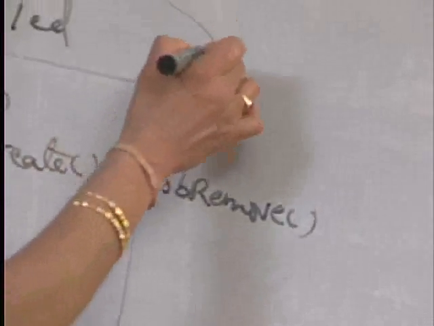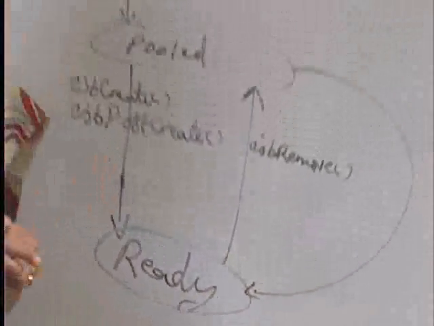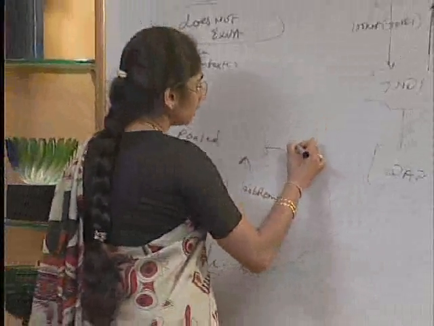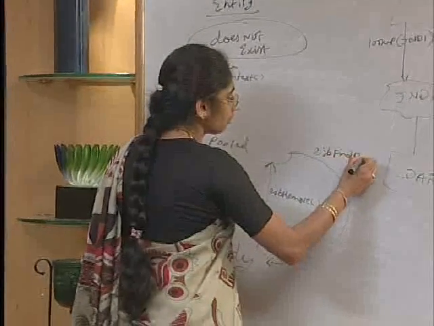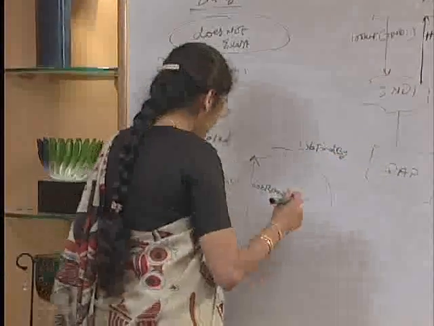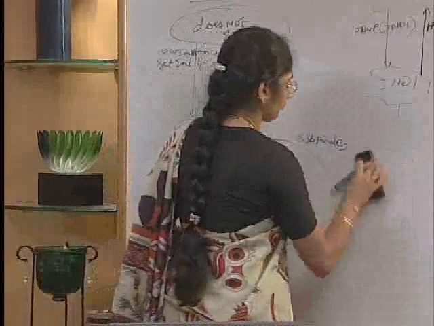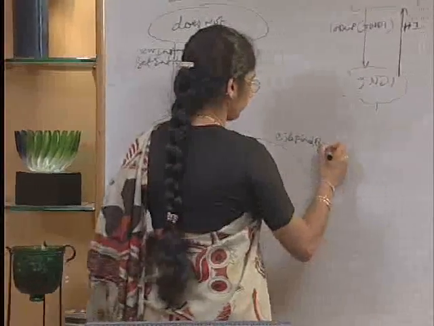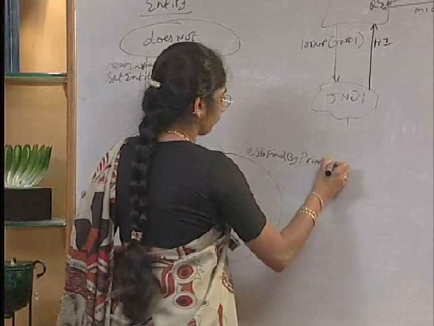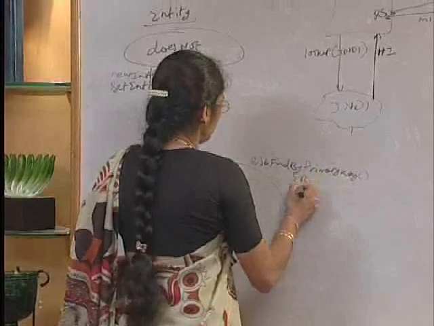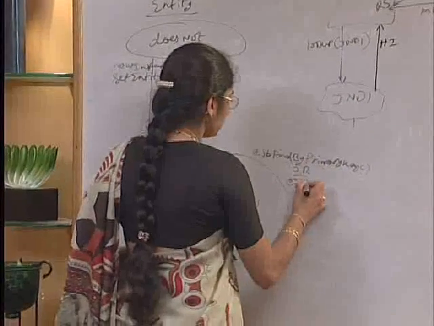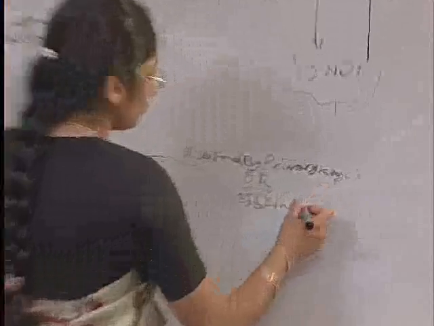Again, we can move from the pooled state to a ready state by calling EJB find by primary key, or your EJB finder methods.